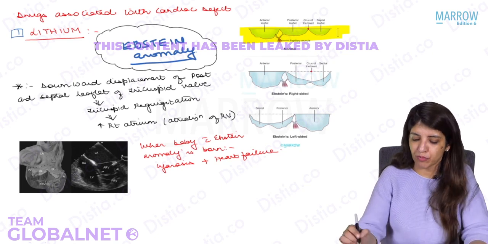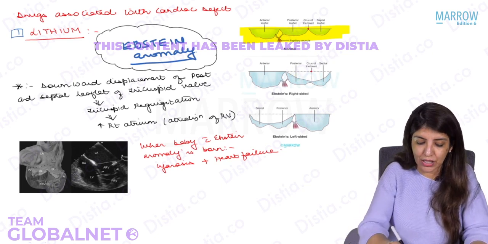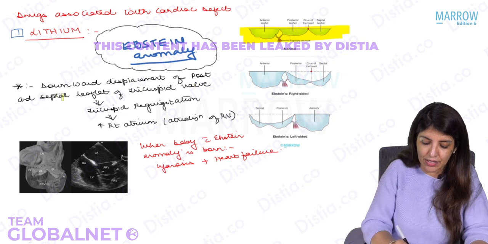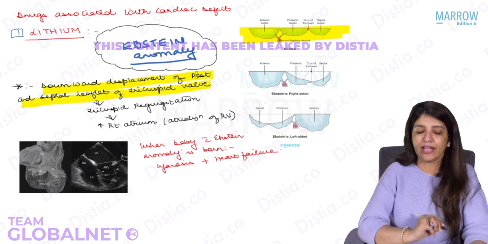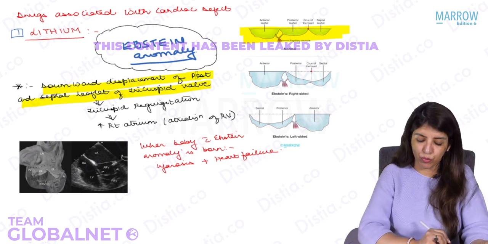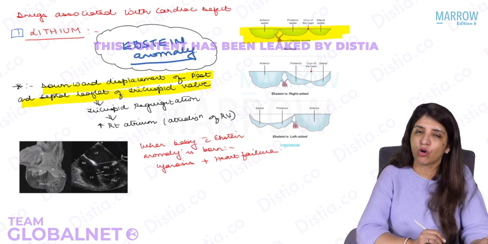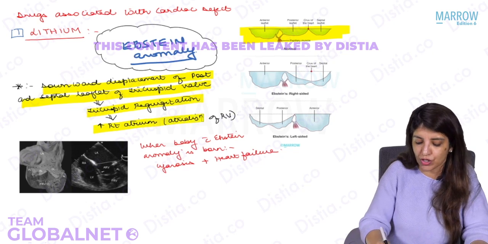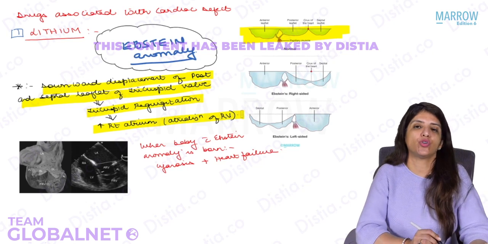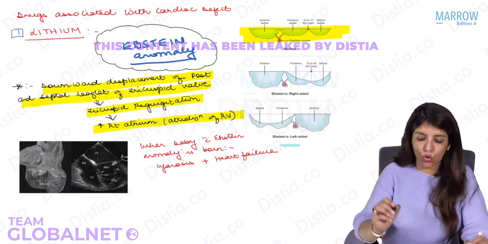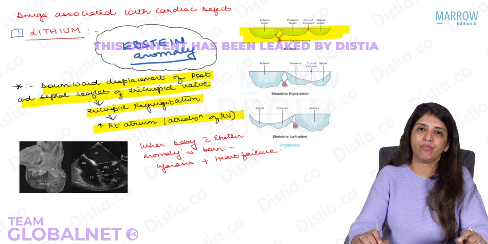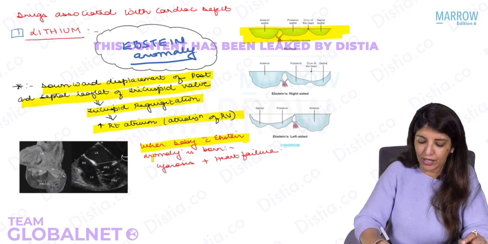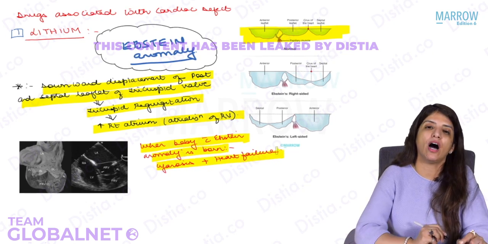What happens in Ebstein anomaly is that the posterior and the septal leaflet displace downward, because of which there is tricuspid regurgitation, and atrialization of the right ventricle. Such babies, when born, will have cyanosis and heart failure.